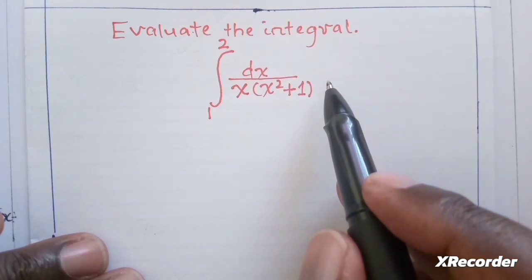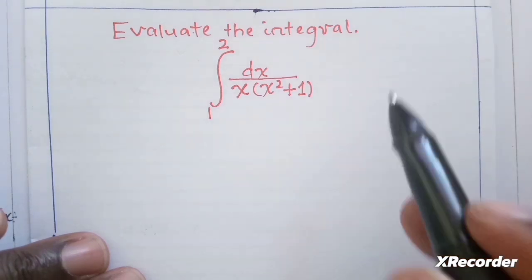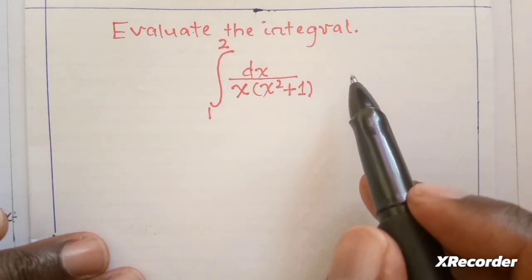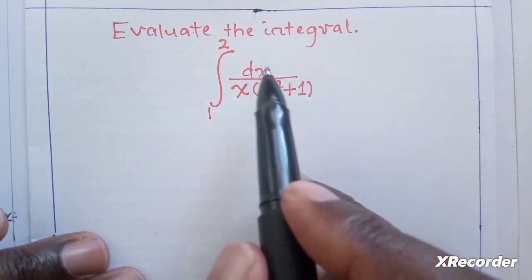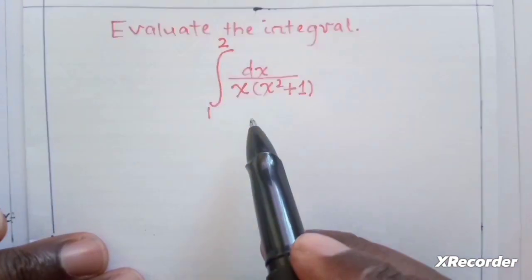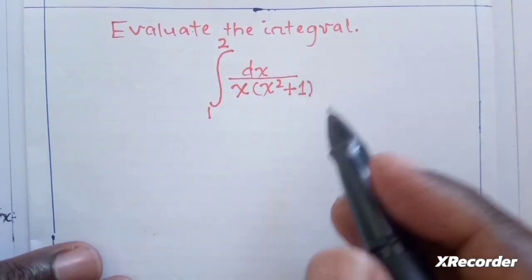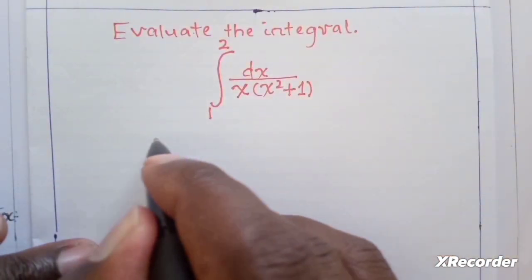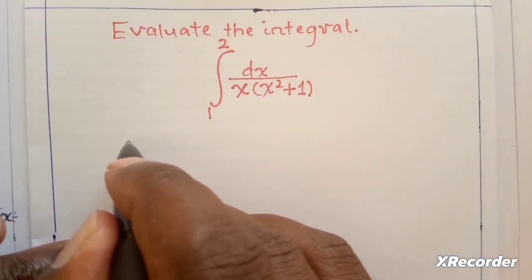That is to say, guys, we are going to have two fractions which are simpler as compared to one which is a bit complicated.